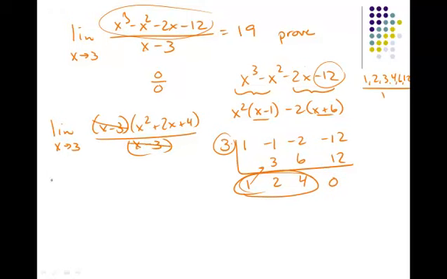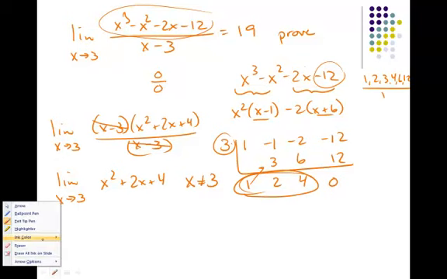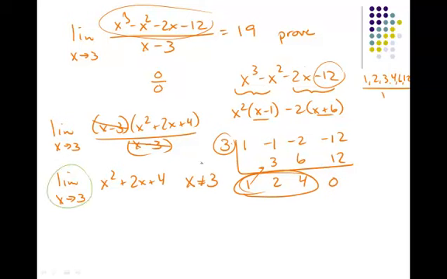So we're going to cancel, and we're going to say that we are now looking for the limit as x approaches 3 of x squared plus 2x plus 4 when x does not equal 3. Now this seems like a contradiction, because I'm saying I want to find the limit when x approaches 3, but x can't equal 3. But remember, when we're talking about limits, we don't need to equal the value, we just need to get really, really close.